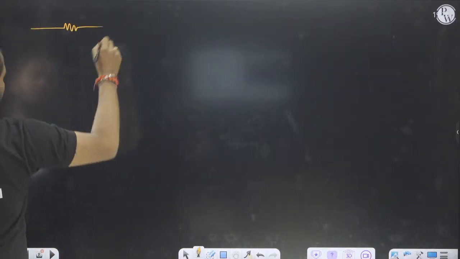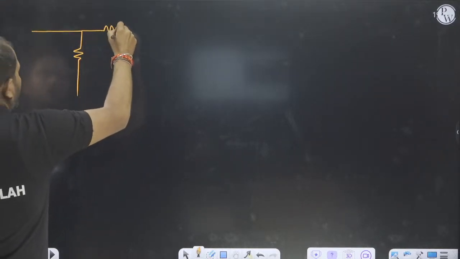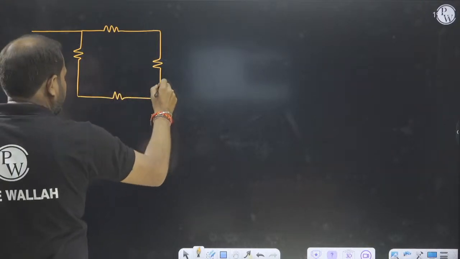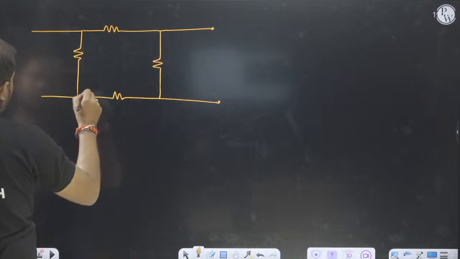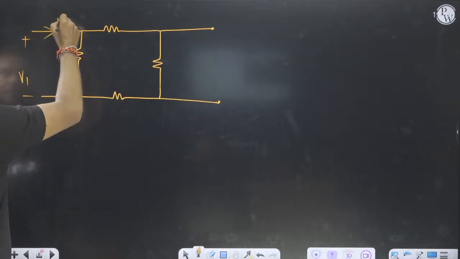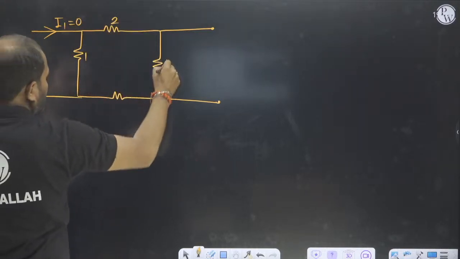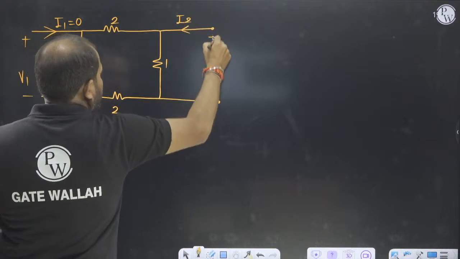So this is 1 ohm, 2 ohm, 1 ohm and 2 ohm. First of all, I will make I1 equal to 0, and this is I2 and this is V2.